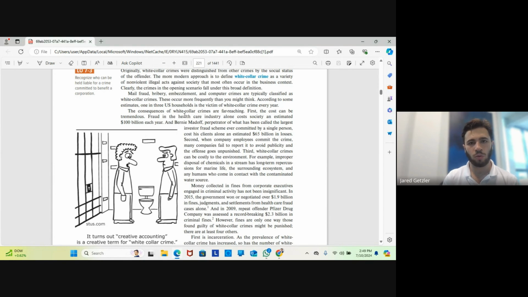What Madoff did was create phony financial documents and phony account documents stating that people were making money investing with Madoff. The truth was Madoff was taking the money and using it to fuel his lifestyle. And the money he had gotten from investors, he would use to pay off new investors. So that's what's called a Ponzi scheme.